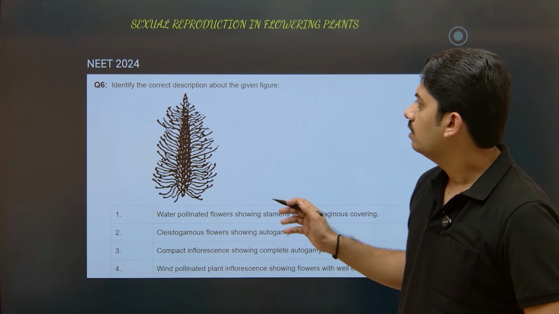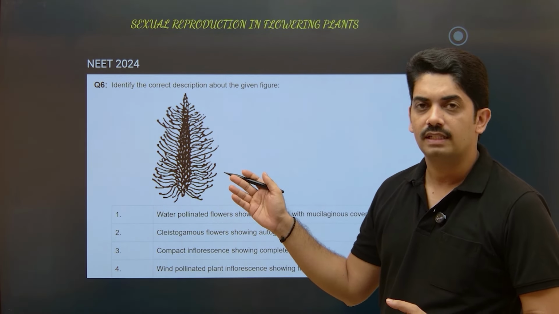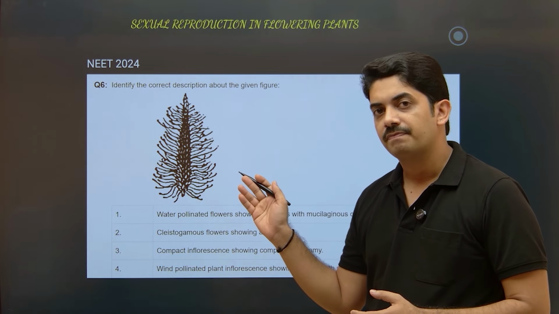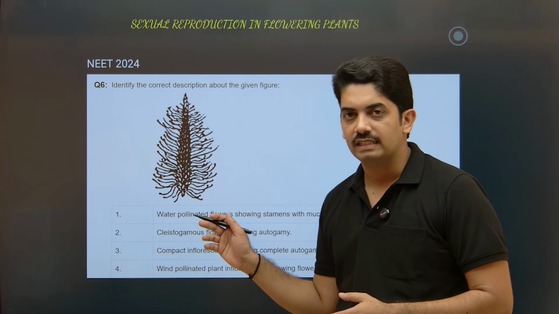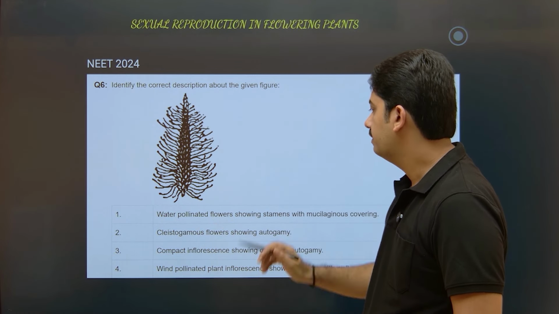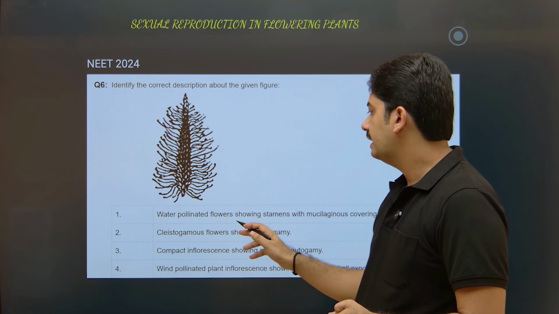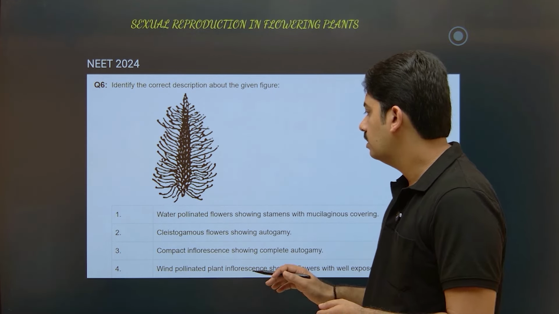Okay, so this diagram, do you remember in which topic it is present? We studied actually corn cob, something related to maize plant. Identify the correct description about the given figure. Water pollinated flowers showing stamens with mucilaginous covering. Absolutely wrong.